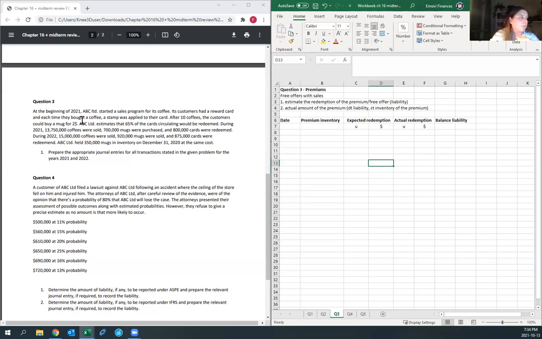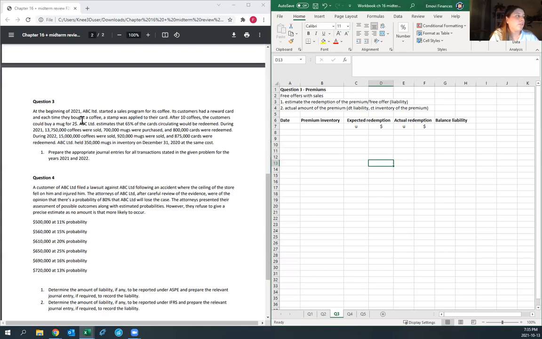For question 3, at the beginning of 2021, ABC Limited started a sales program for its coffee. Its customers had a reward card, and each time they bought a coffee, a stamp was applied to their card. After 10 coffees, the customer could buy a mug for $2. ABC Limited estimated that 65% of the cards circulating would be redeemed. During 2021, 13,750,000 coffees were sold, 700,000 mugs were purchased, and 800,000 cards were redeemed.